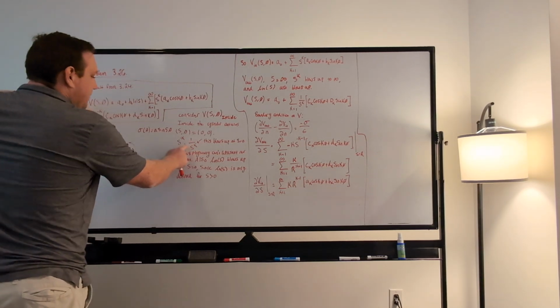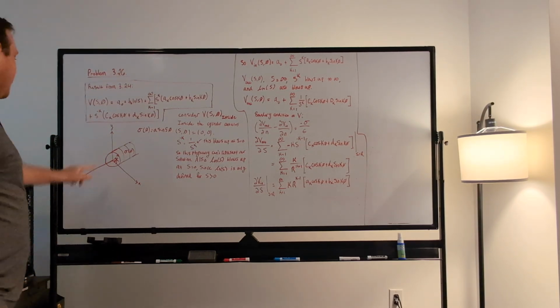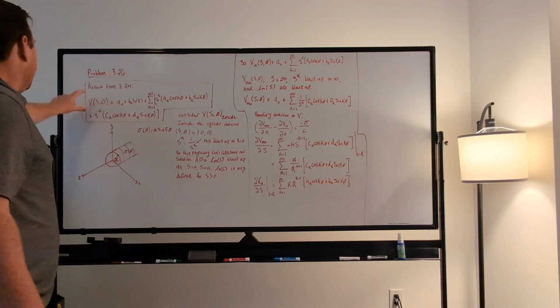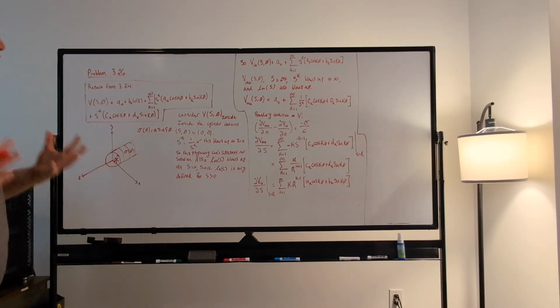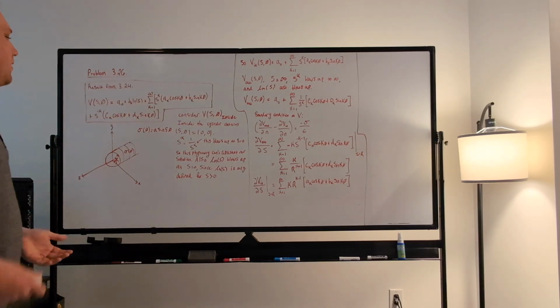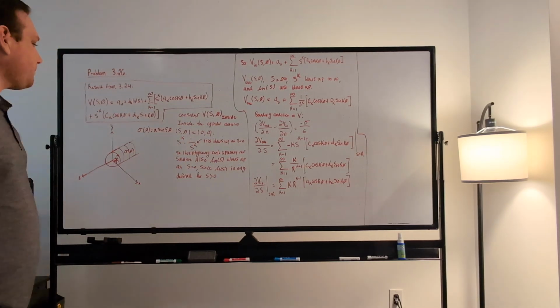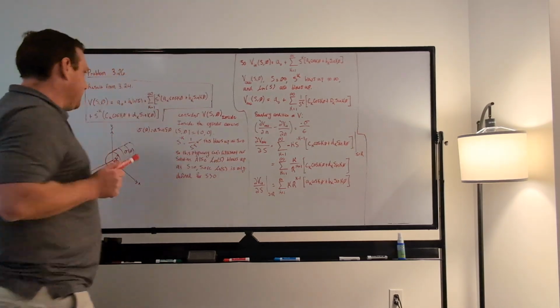We can't divide by 0 here. So this second term in the summation doesn't make any physical sense inside of the cylinder. We can't have this term in our solution because it blows up. Physically, that part cannot be in our solution.